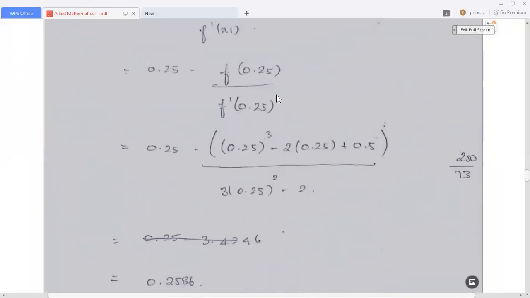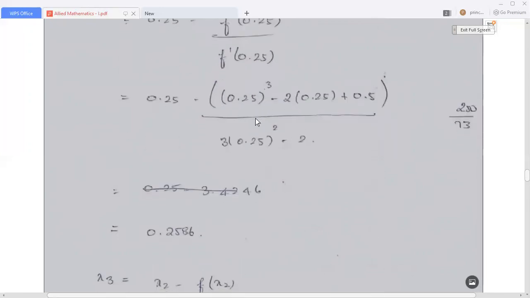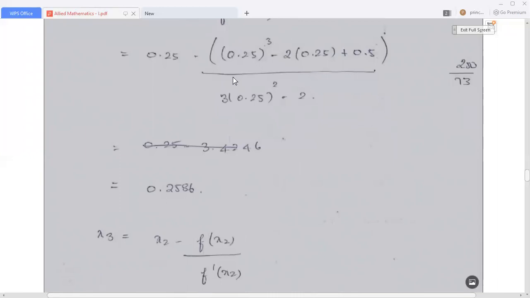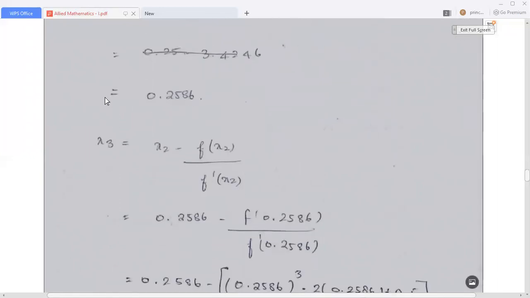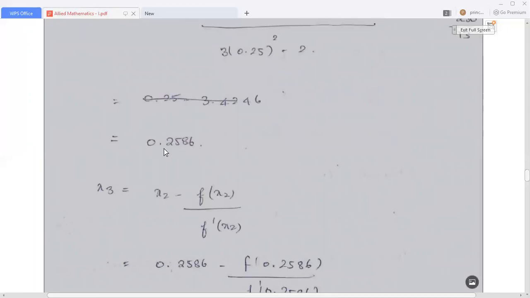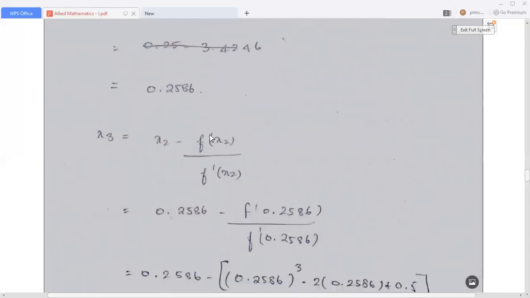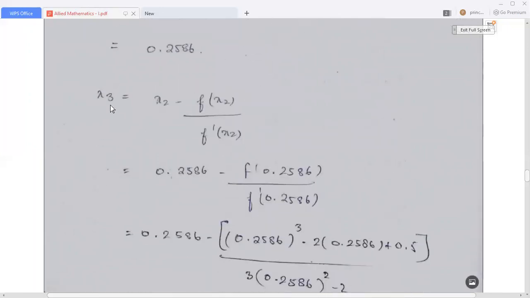These values can be obtained from f of x and f dash of x. When you substitute the value 0.25 for x, we calculate these values. When you substitute these values in this equation, we get x2 equal to 0.2586.